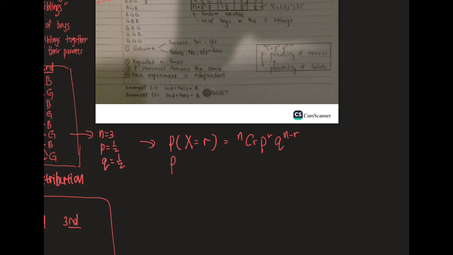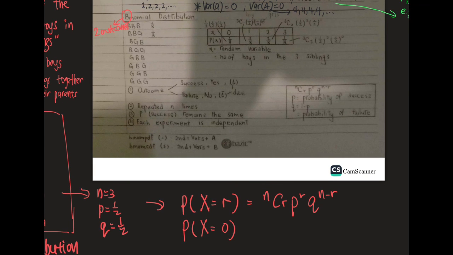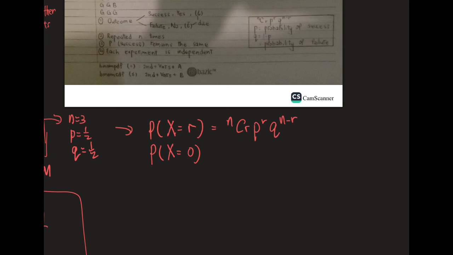I want to find the probability of no boy. You already know the probability of no boy is all girls, which is 1/8. Just now, if you still remember the outcome, 1/8. So P(X equal to 0) means no boy. So we use the formula 3C0, (1/2) power 0, (1/2) power 3 minus 0.